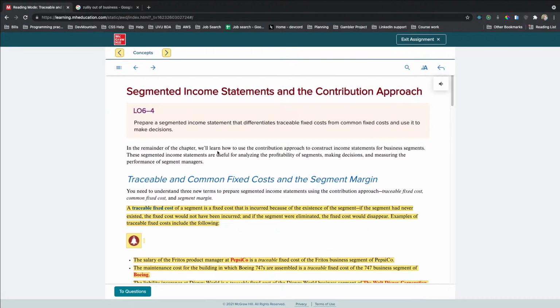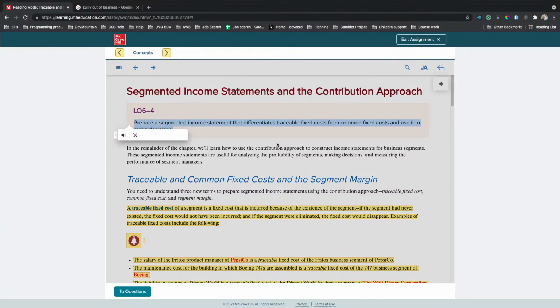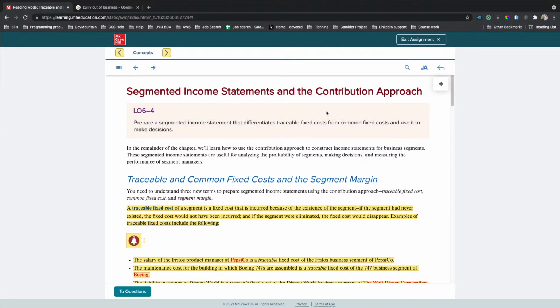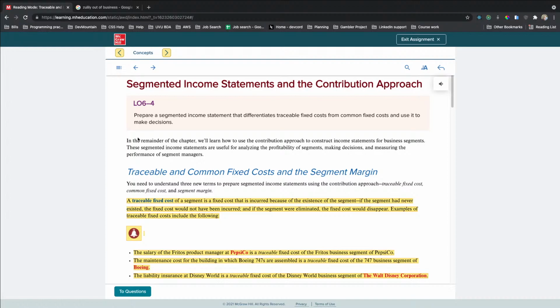Learning objective 6-4. Segmented income statements and the contribution approach. Prepare a segmented income statement that differentiates traceable fixed costs from common fixed costs and use it to make decisions. Well, we're going to learn some things here.